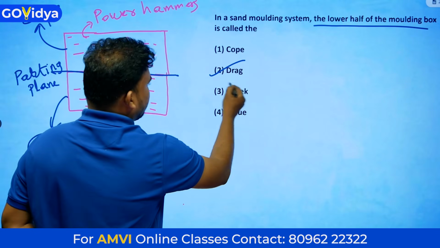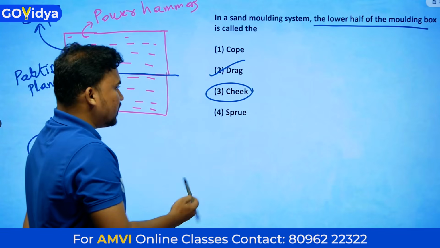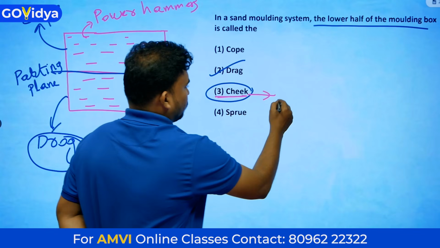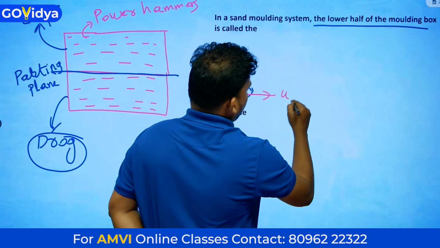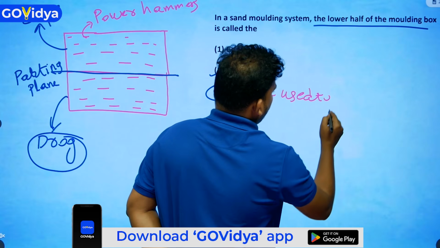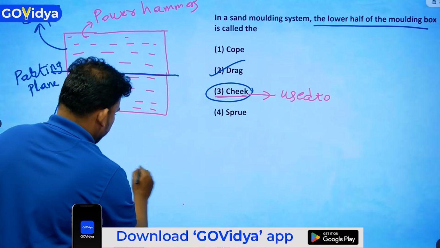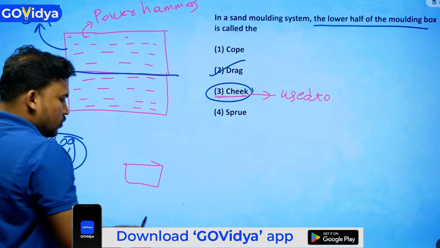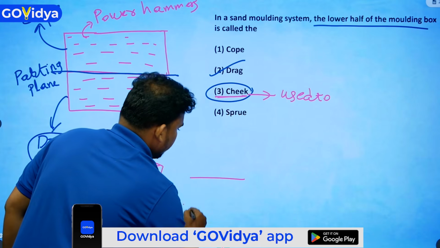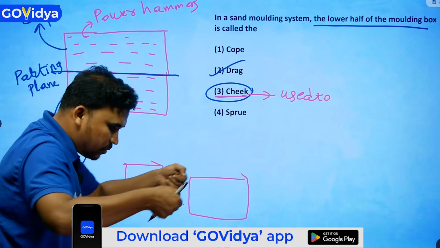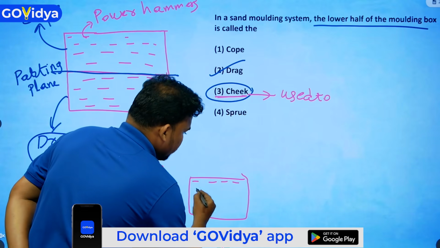Cheeks are a different thing, also used in metal casting. There is a pattern in the sand box, and I am seeing the box from the top.